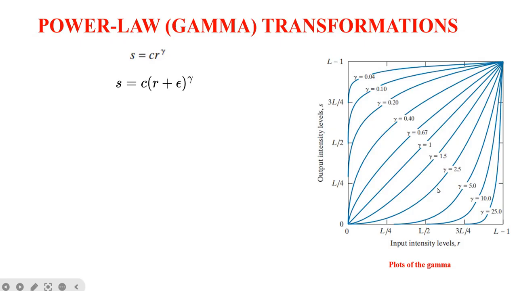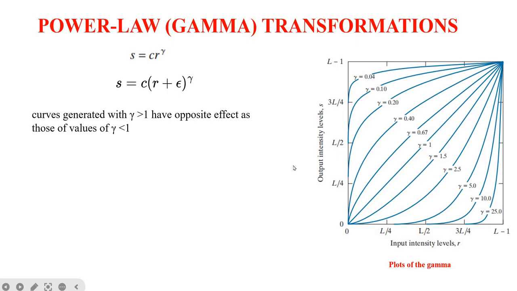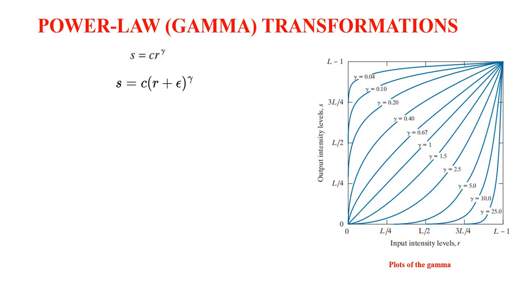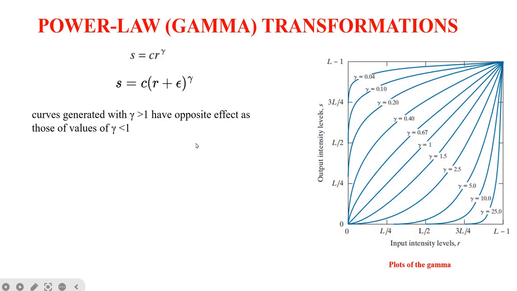Now this figure shows the plots for different values of gamma. The power law curves with fractional values of gamma map a narrow range of dark input values into a wider range of output values, with the opposite being true for the higher values of the input levels.